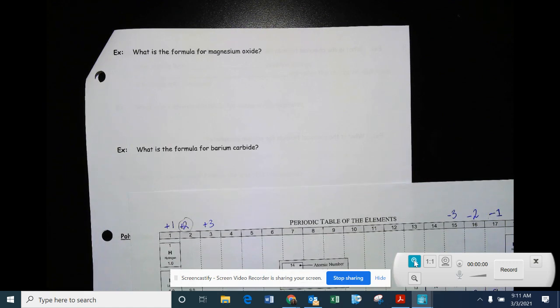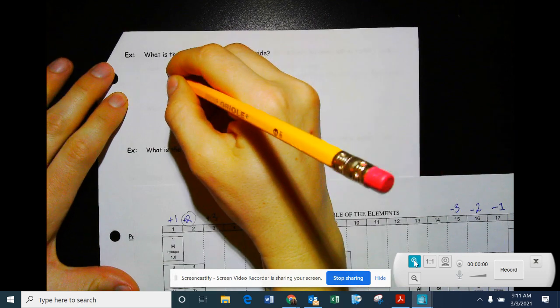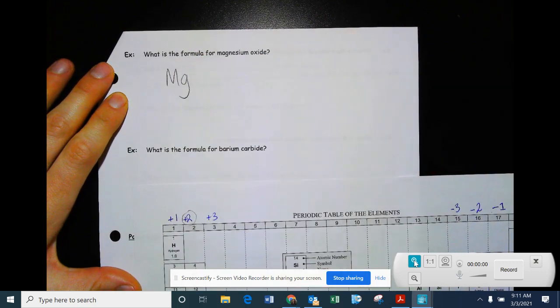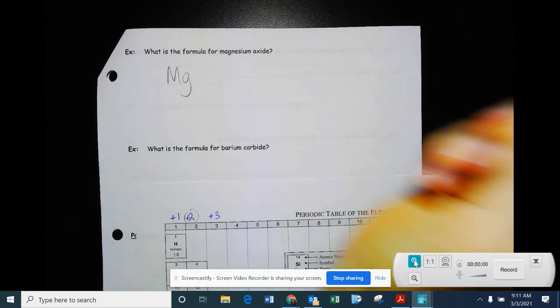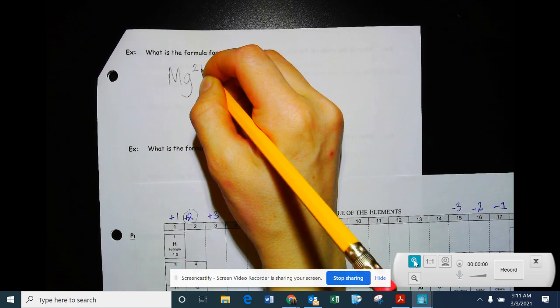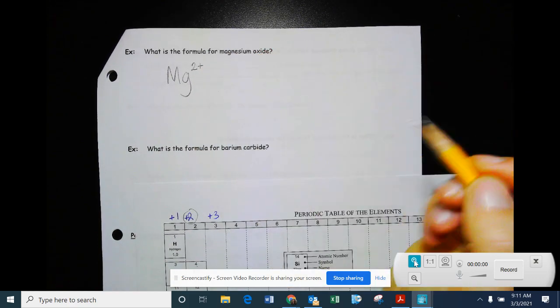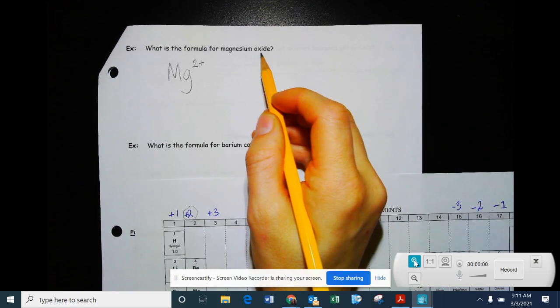Magnesium oxide is the first one we're going to do. So can anybody tell me what the symbol for magnesium is? Mg, beautiful. Okay, and how many electrons does magnesium generally want to get rid of? 2. So it likes to form a 2+ cation. And then oxygen.